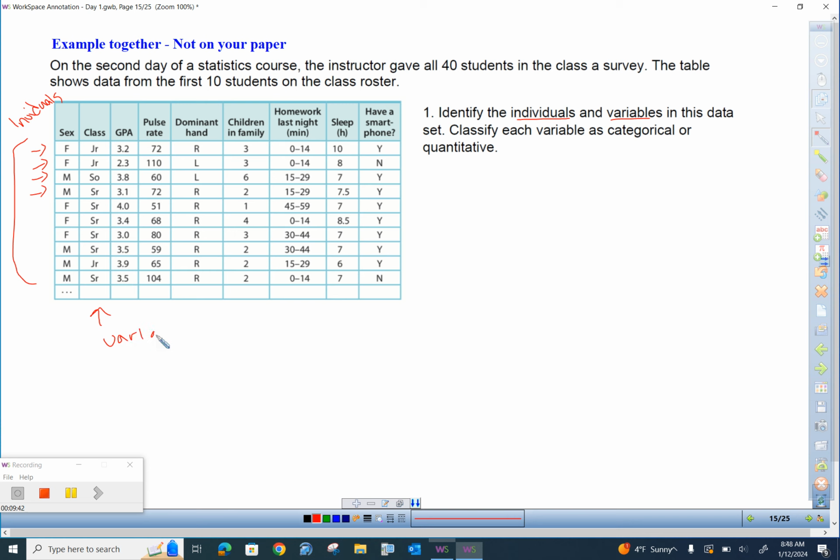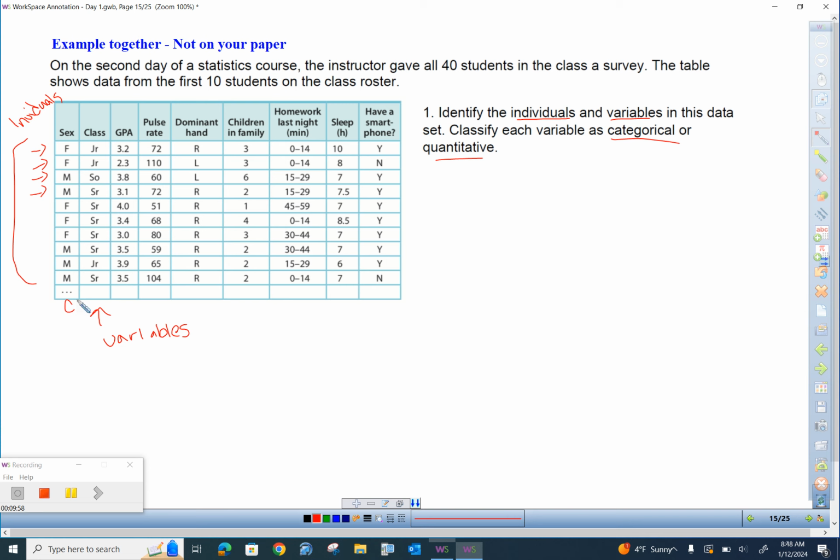And what we're going to do is go through here and classify these as categorical or quantitative together. Sex, we're responding as female or male, and so that is a category. I will tell you sometimes sex is classified into numbers, 0, 1.